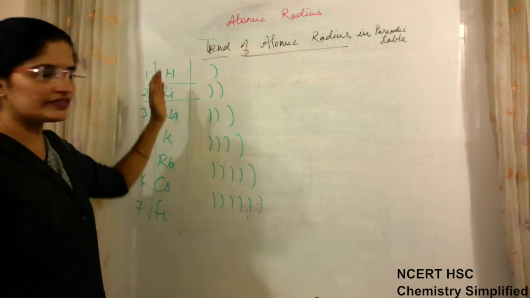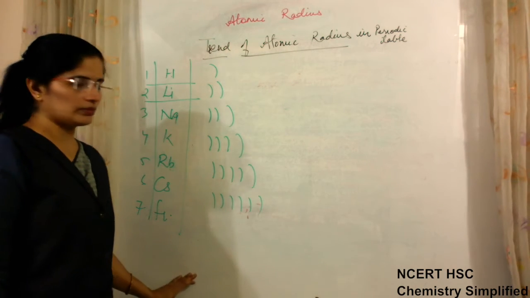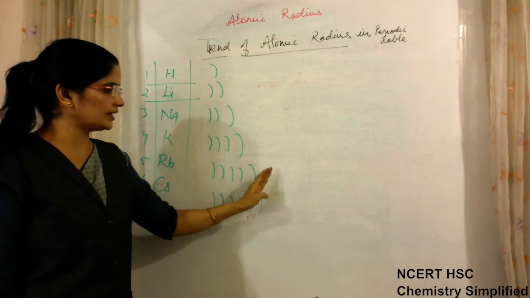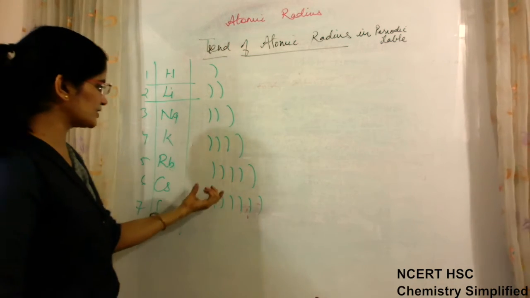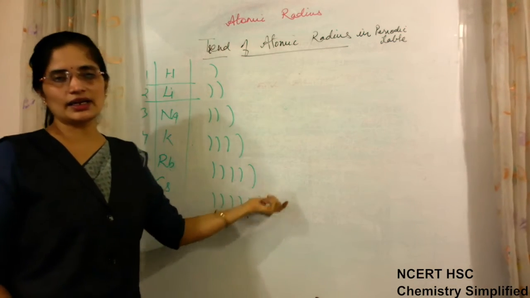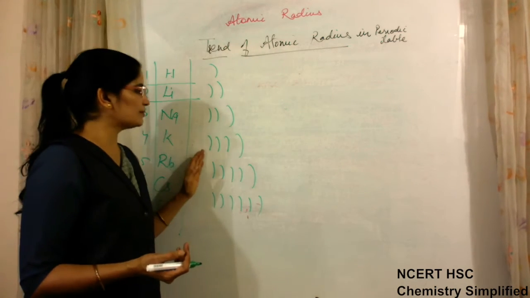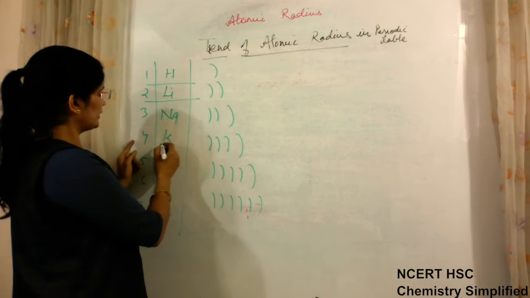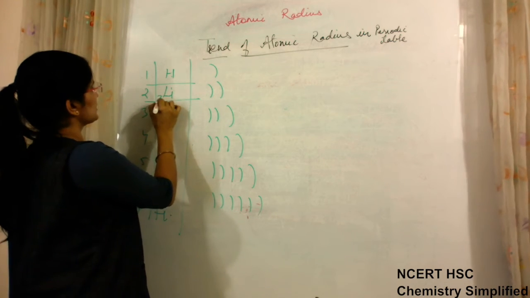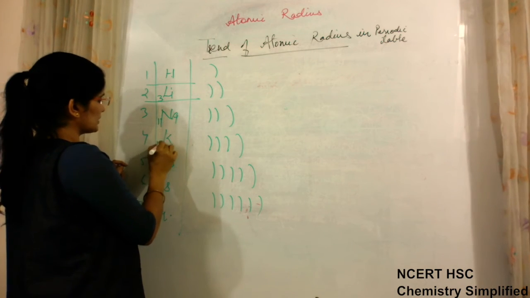Okay. As we are moving from top to bottom, the number of shells are increasing. So it is very clear that the size of atom is increasing because the number of shells are increasing. At the same time, it is also true that the atomic number of lithium is 3, sodium is 11, potassium is 19.